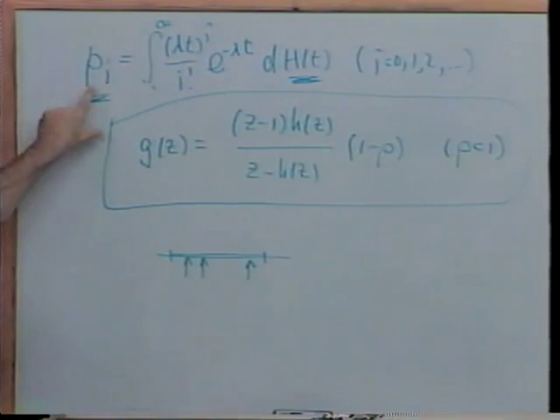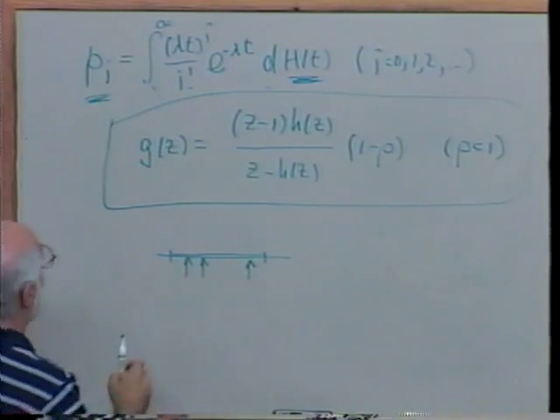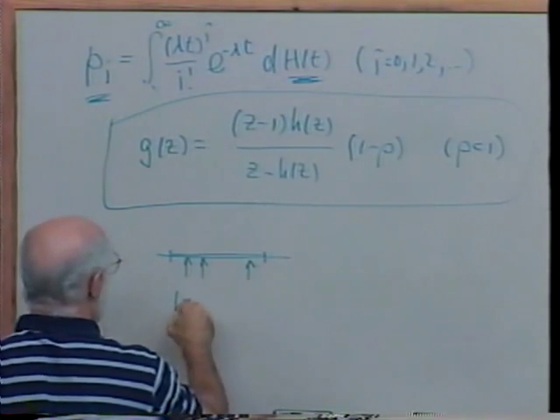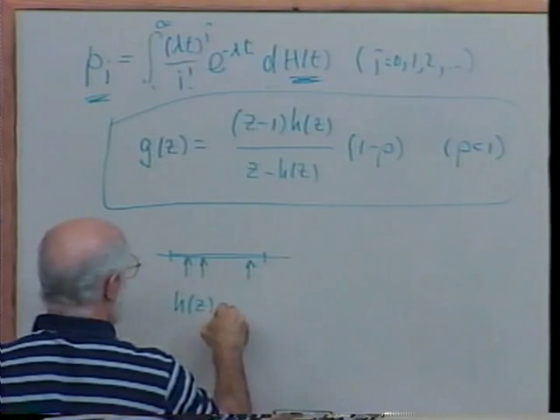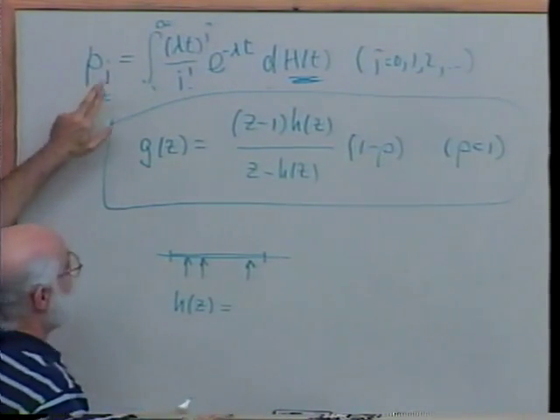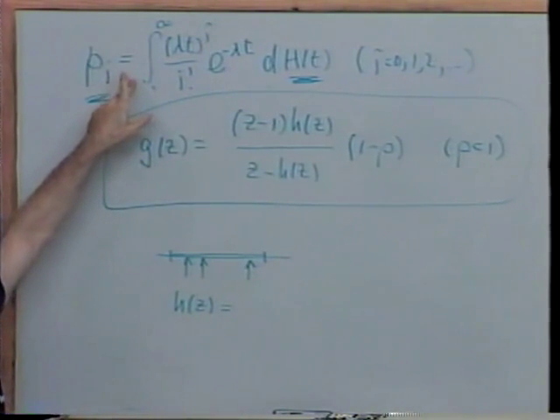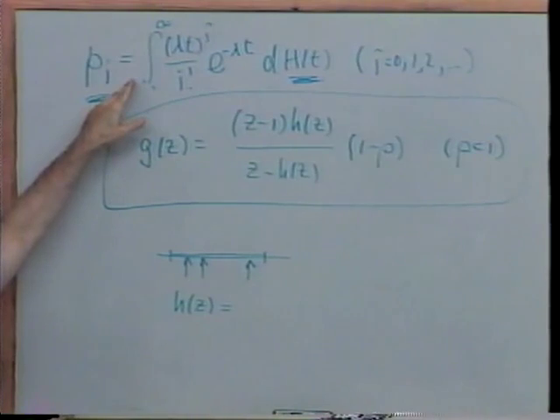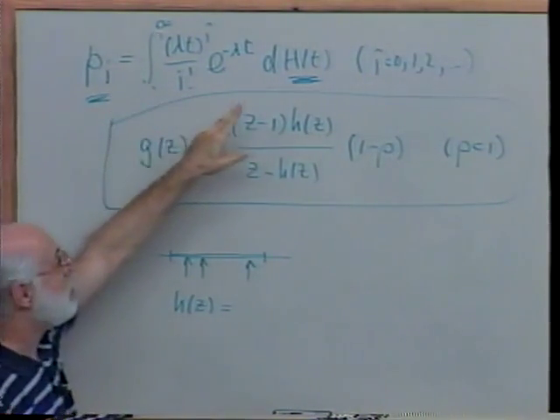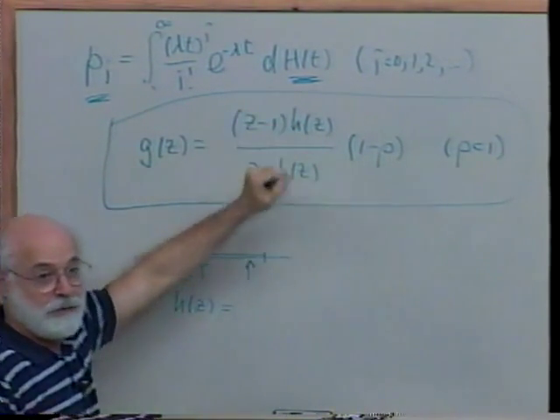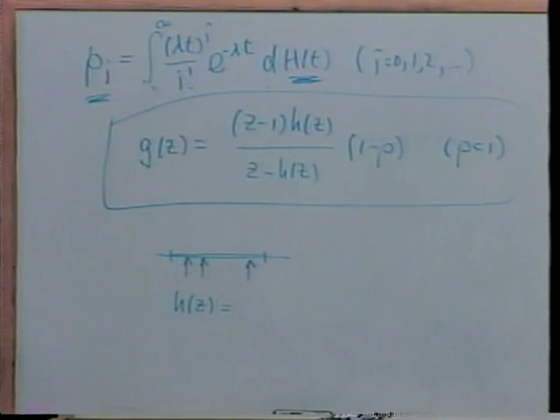Now, if we take the generating function of this, which by definition is h of z, then I multiply this by z to the j and I sum it. We already did that, and if we went through all the work, the answer is the Laplace-Stieltjes transform of that evaluated at lambda minus lambda z.